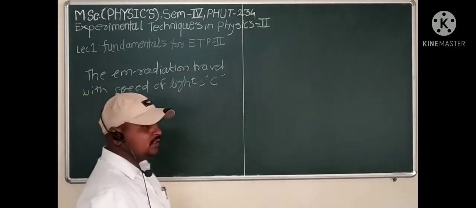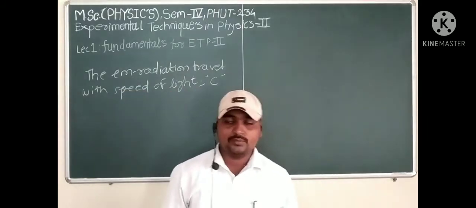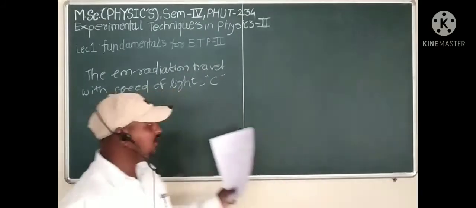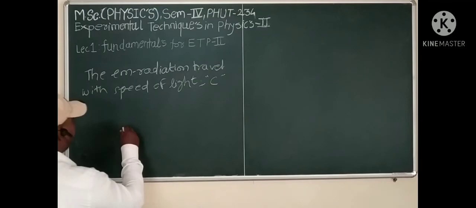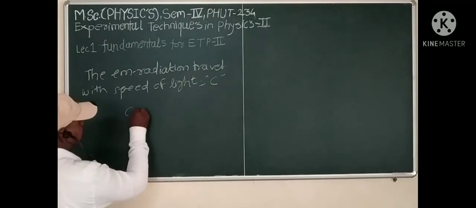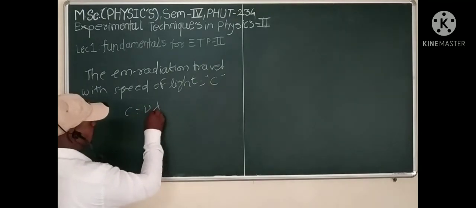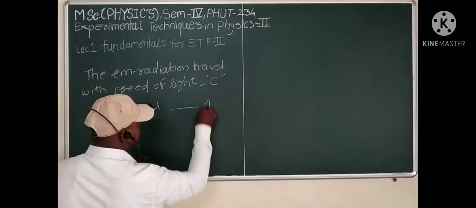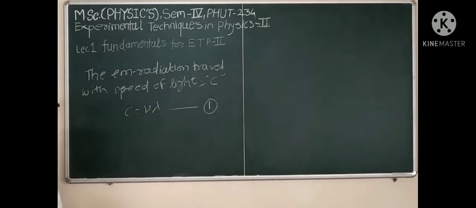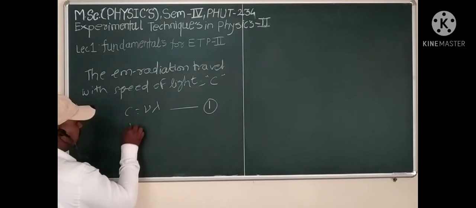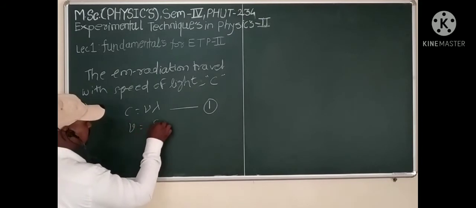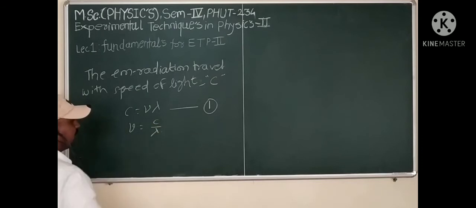The wavelength and frequency of the radiation are related with the speed of light by the relation c is equal to nu lambda. We can call this equation 1. So, from this equation you can write nu is equal to c by lambda.